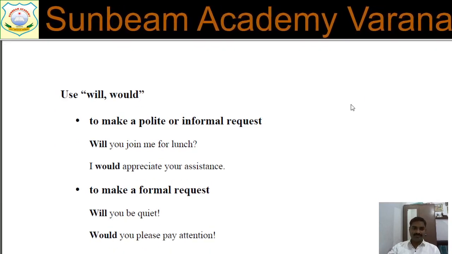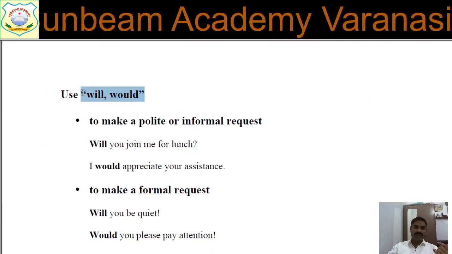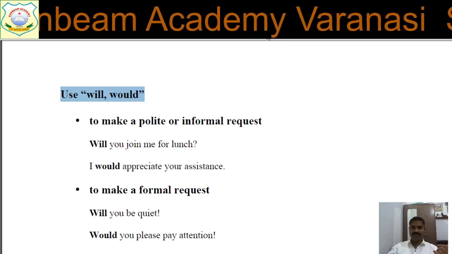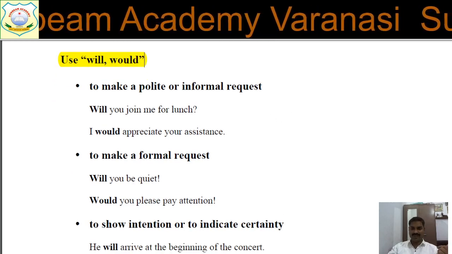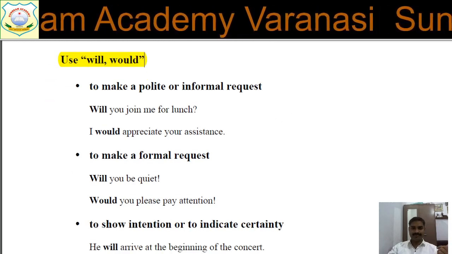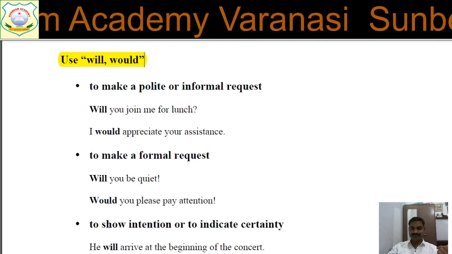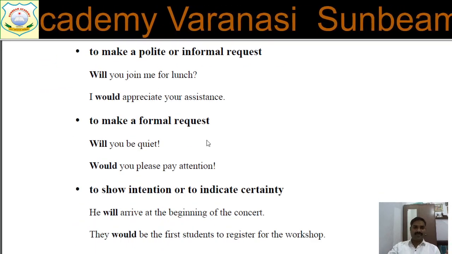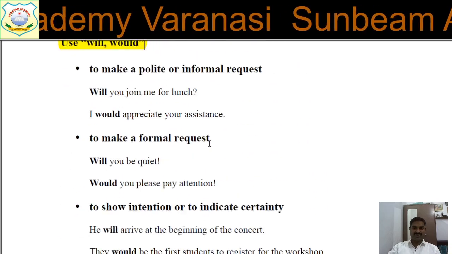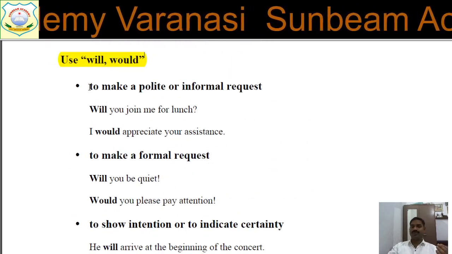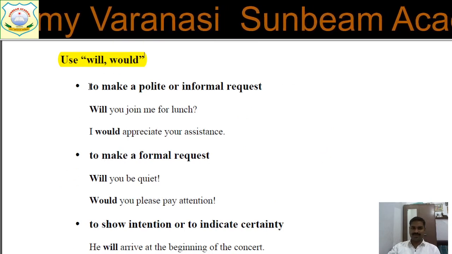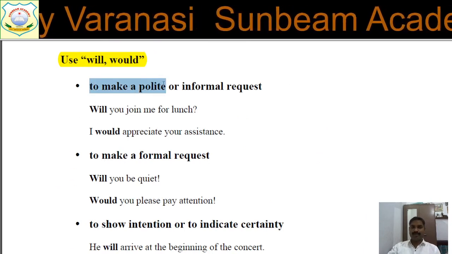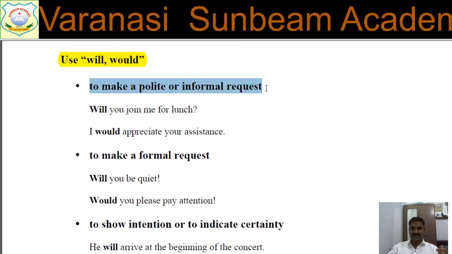Okay, now let us see will and would. Where do we make use of these things, will and would? Children, here again there are certain points which are showing what these things are used for. The first is to make a polite informal request.